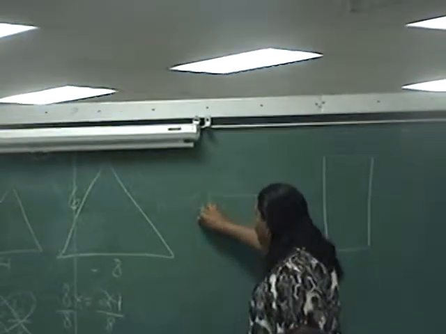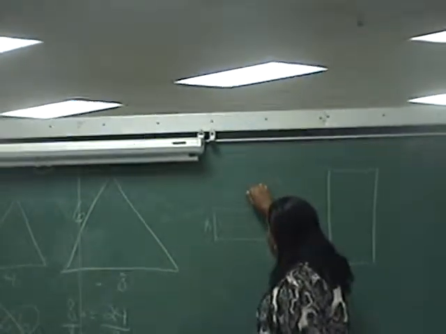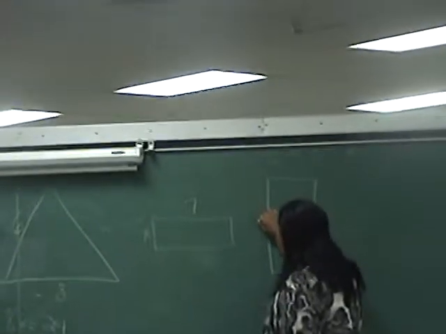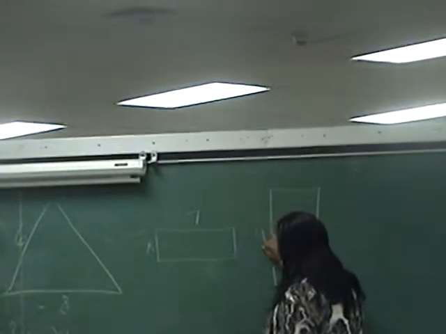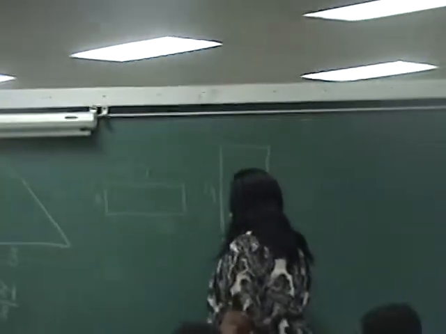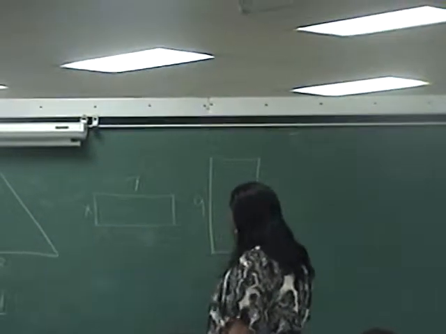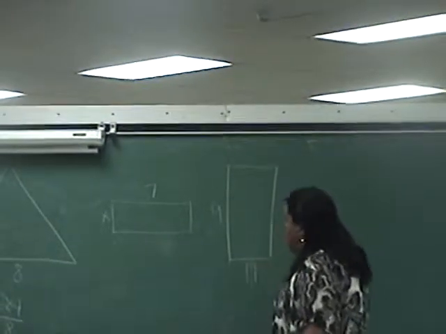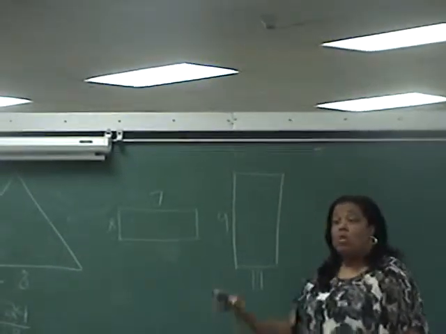What if they say this is x, this is 7, this is 9, and this is 11. What side goes with what?